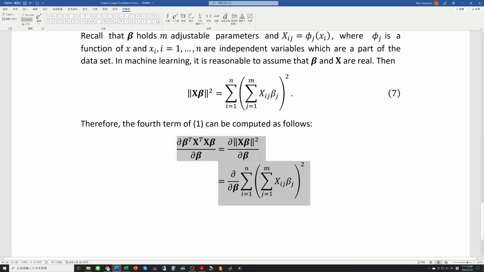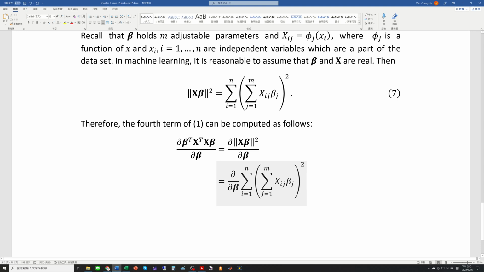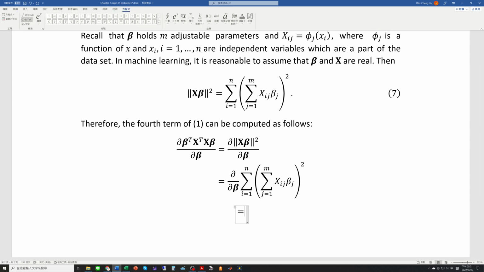Good. So this is equal to partial over partial beta, summation i is equal to 1 to n, and the square of the summation j is equal to 1 to m x_ij beta_j.